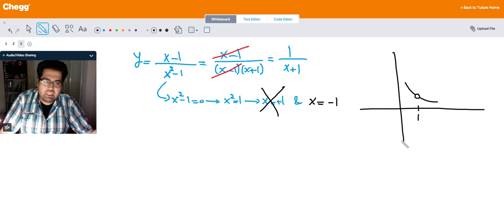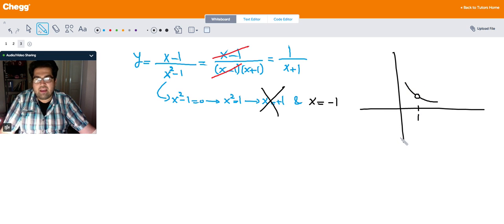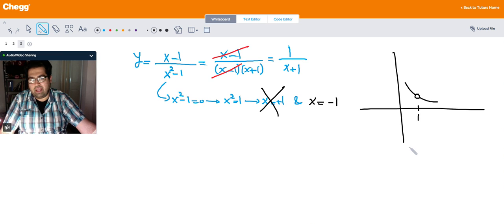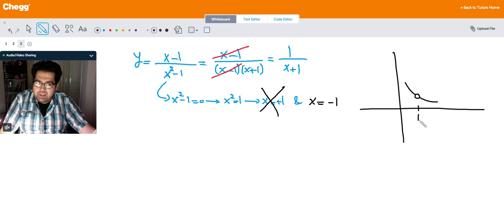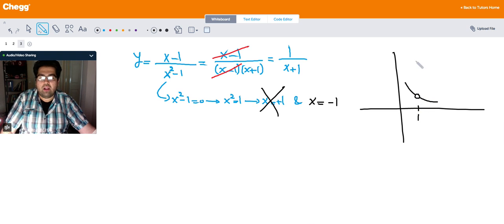Whatever is canceled from the top and bottom of the function turns into a hole rather than a vertical dashed line, which is a vertical asymptote.